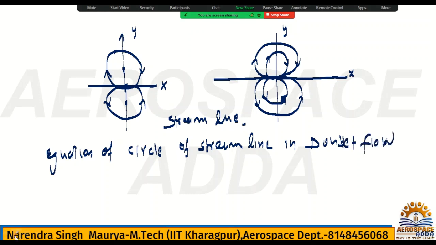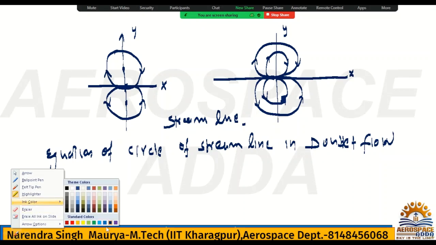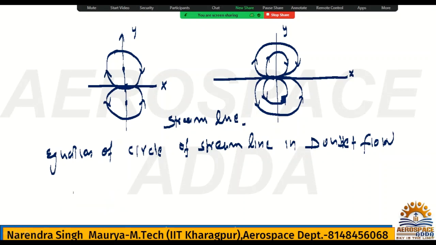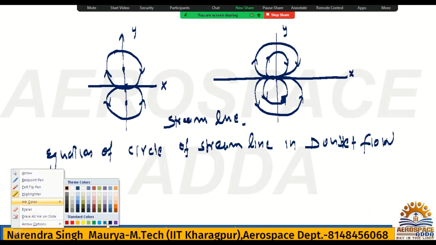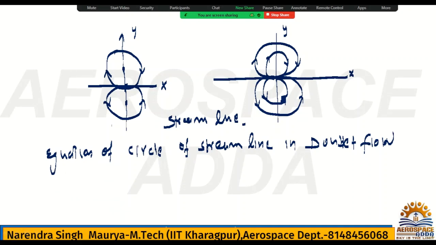So what will be the equation? I told you this is the one circle. Okay, and for this circle, it is tangent to x-axis and center will be on y-axis. This is somewhere the center. Okay, so what will be the equation?